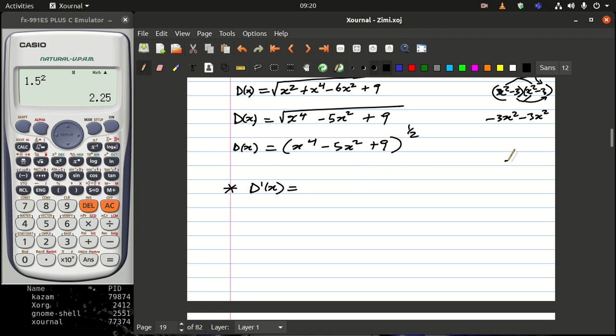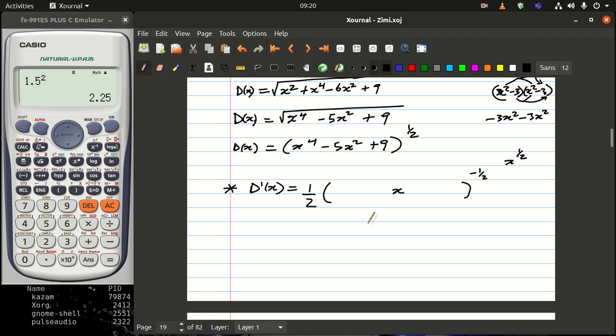If this was x raised to 1 over 2, we're just going to bring the 1 over 2 down and have our x here, and then we subtract 1 from the exponent, so we'll have 1 over 2 minus 1, which is minus 1 over 2.